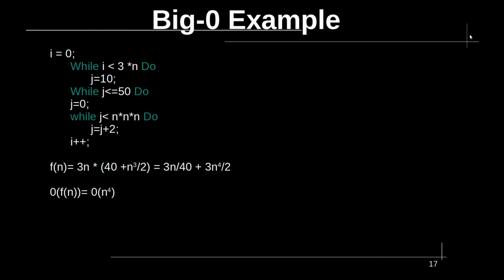After opening the brackets and solving it, we get 120n plus 3n to the power of 4 divided by 2. And as you can see, 3n to the power of 4 is the biggest term in this function. Therefore, our big O of f of n will be equal to big O of n to the power of 4.